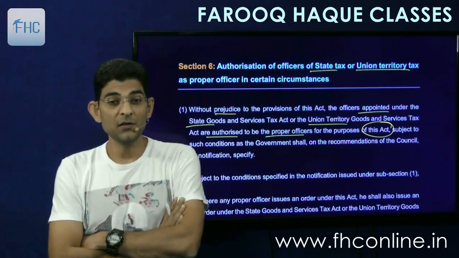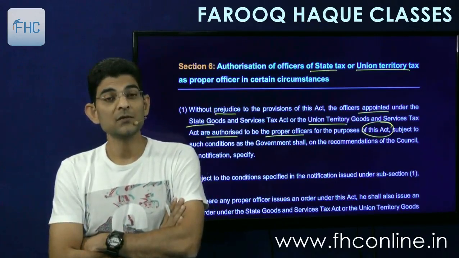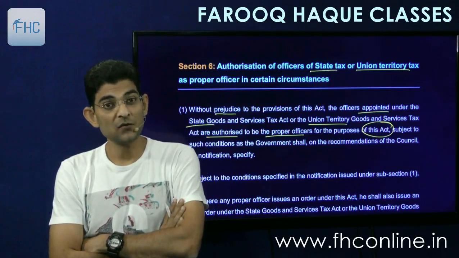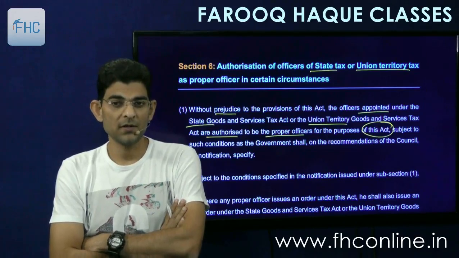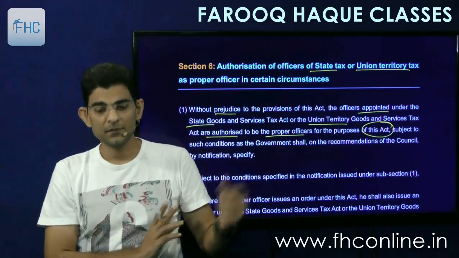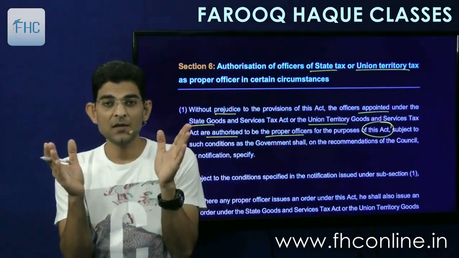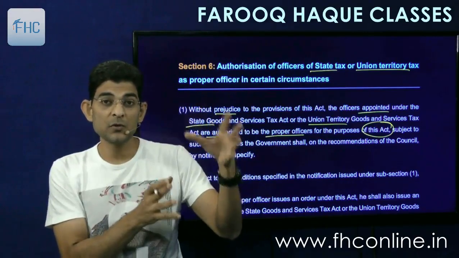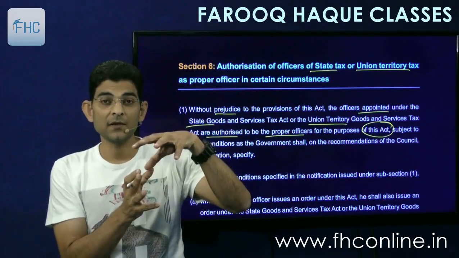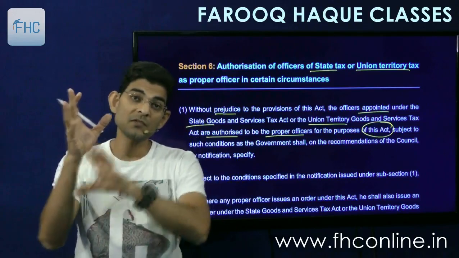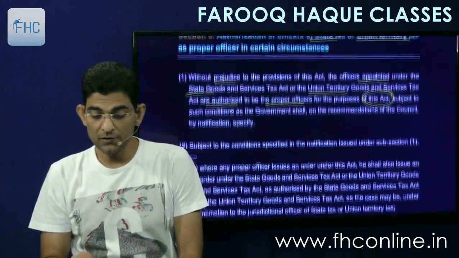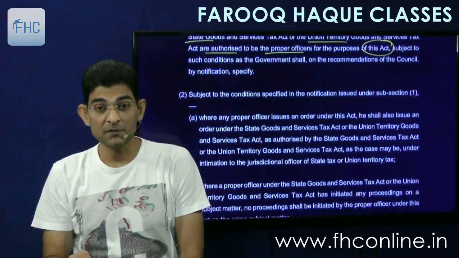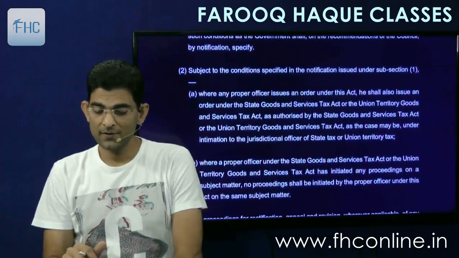It means the state officers are also empowered to carry out responsibilities under central tax, and the government will prescribe the areas where the state officers can exercise powers under the central act and the central officers can exercise powers under the state act. So it will overlap, and they will basically divide the powers amongst themselves.